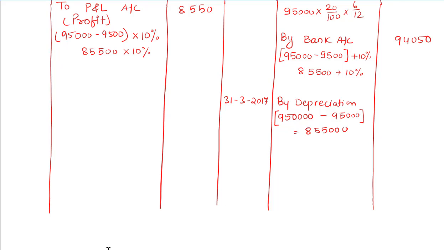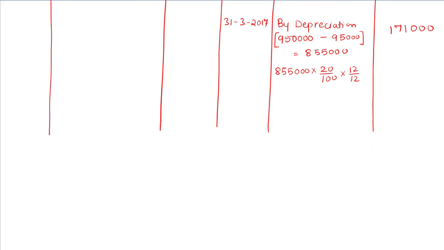Do it on your calculator: 9,50,000 minus 95,000 is 8,55,000. So 8,55,000 multiplied by 20% multiplied by 12 by 12 is 1,71,000. The depreciation value is 1,71,000.